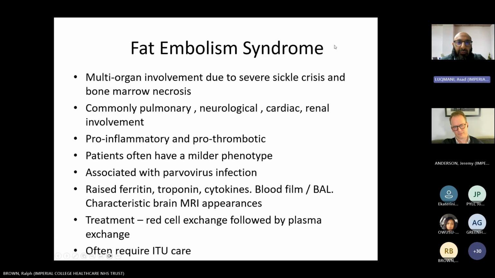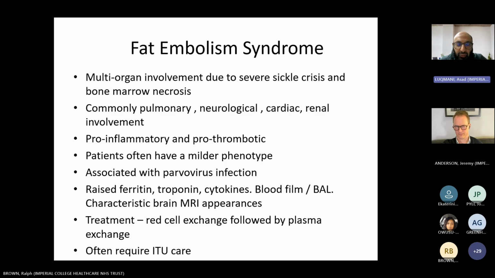Next slide, please. Fat embolism syndrome is an important thing to be aware of because, again, it has a very high mortality in sickle cell patients, and it is basically a situation where there's multi-organ involvement due to severe sickle cell crisis resulting from bone marrow necrosis and release of fat particles into the circulation. Patients can present with most commonly pulmonary, neurological, cardiac and renal involvement, and treatment should be directed via a specialist sickle cell unit or specialist hemoglobinopathy center.